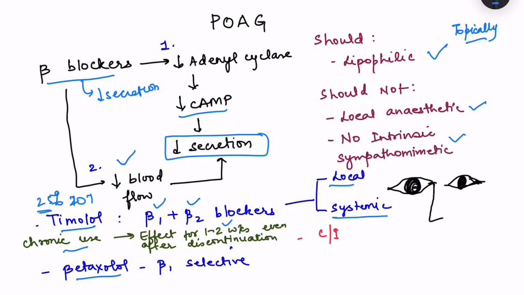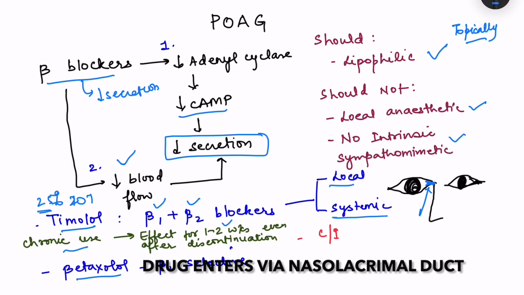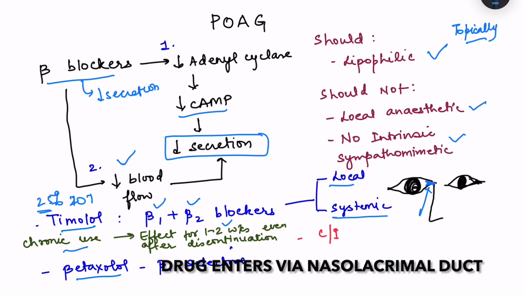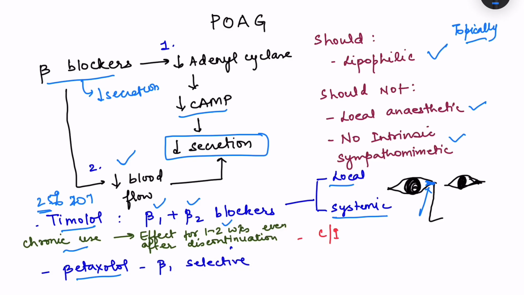Even when applying timolol, we should educate the patient to close this part of the eye for 5 minutes. Just compress there for 5 minutes after applying the drop, so that the drug is not absorbed into the systemic circulation.